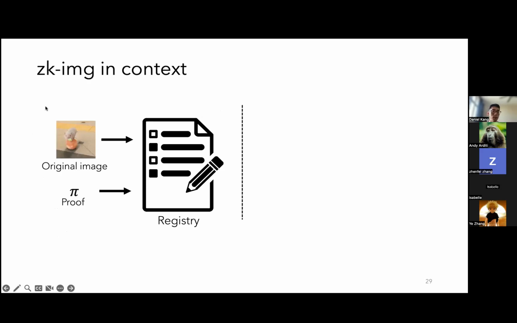So what you need to do is register the signatures of the original image and also the proofs into some registry, so that when the consumer of the photo sees the photo, they can also download the proof and the signature and then see that the edited photo honestly came from the original photo.